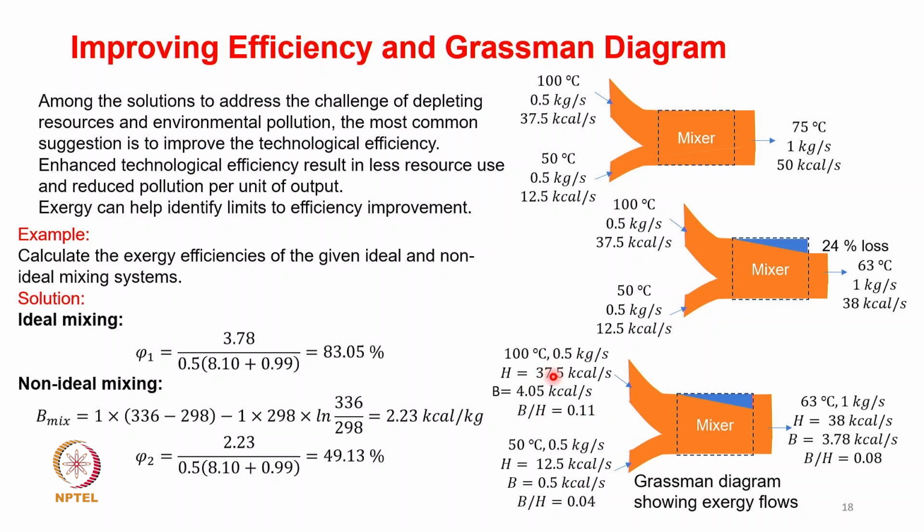H is 37.5 kilocalorie, B is 4, it is of course on the higher side. B by H is 0.11, here the B by H is 0.04, and here the B by H you will have to have 0.08, which is higher than the one of the input flow rate. This is typically attained by improving the efficiency.